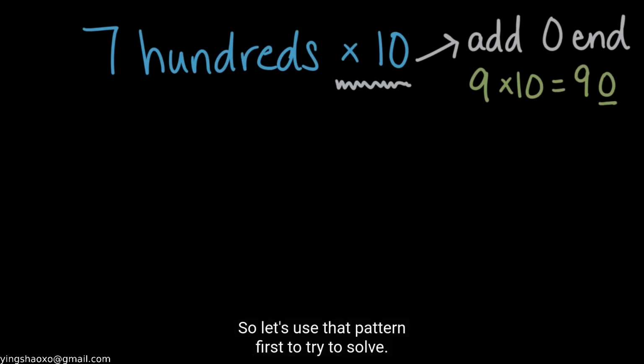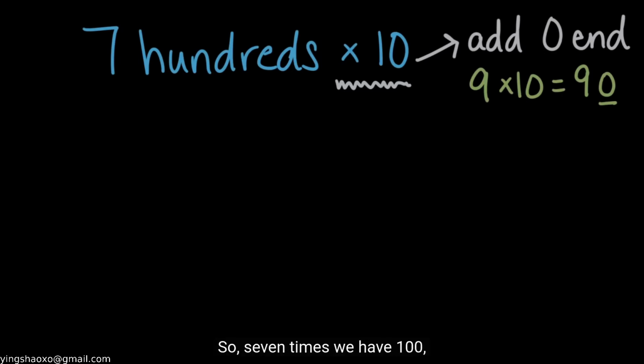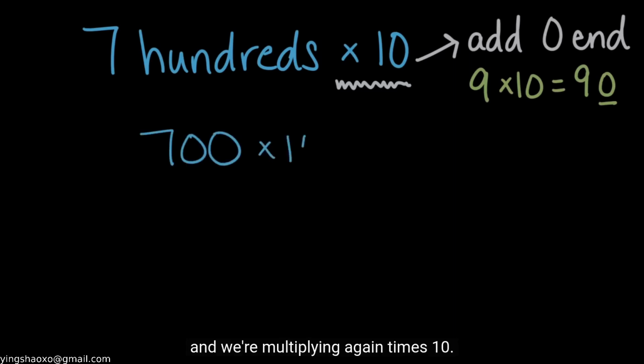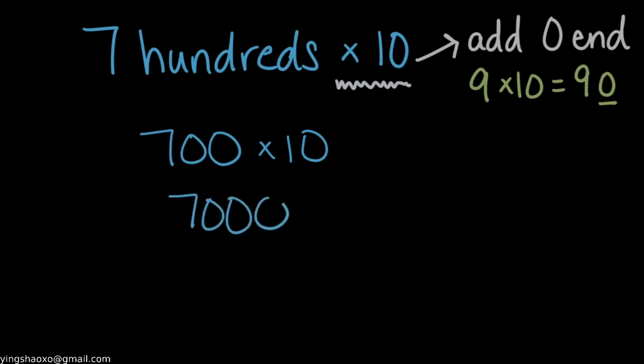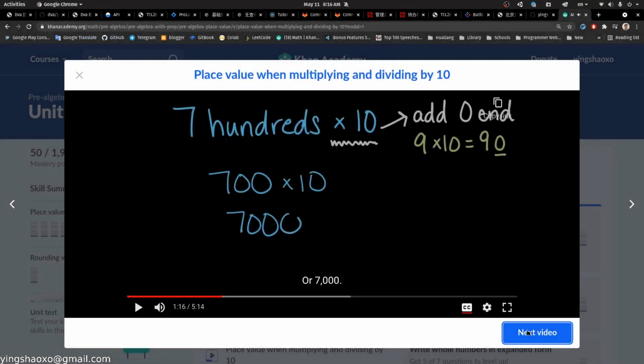So let's use that pattern to solve. Here we have 7 hundreds, or 700, and we're multiplying again times 10. Using this pattern, our solution will add a 0 at the end. So we would have 700 with a 0 on the end, or 7,000.